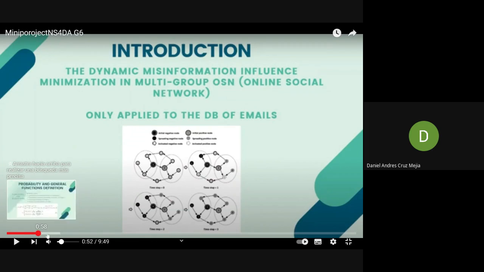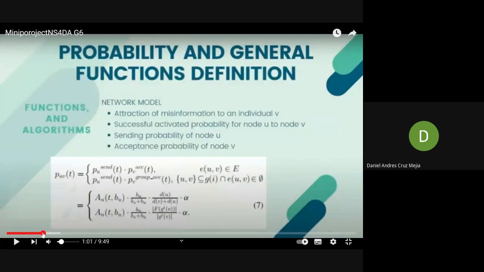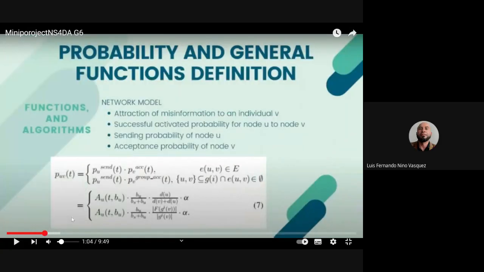Next, this is the main focus of the whole paper. It's how they present novel models that include not only the acceptance of groups as a parameter, but also individual knowledge.